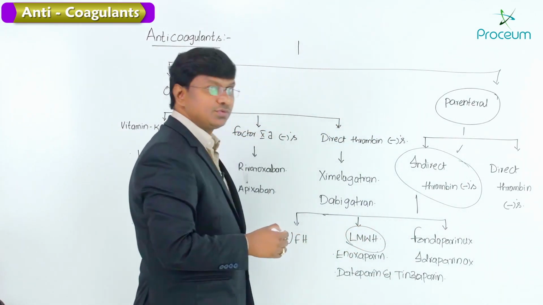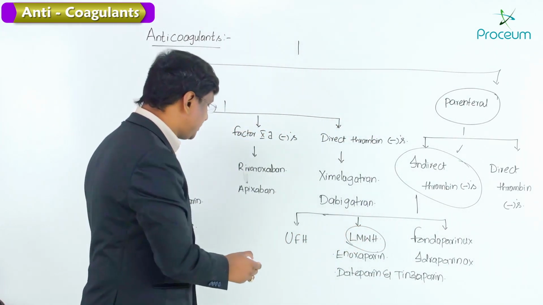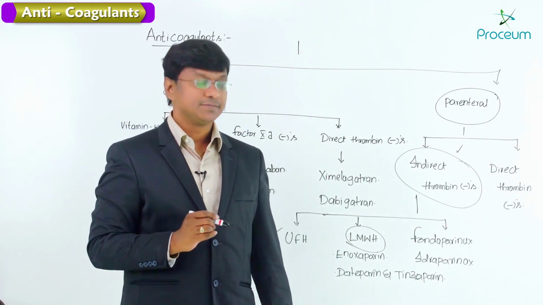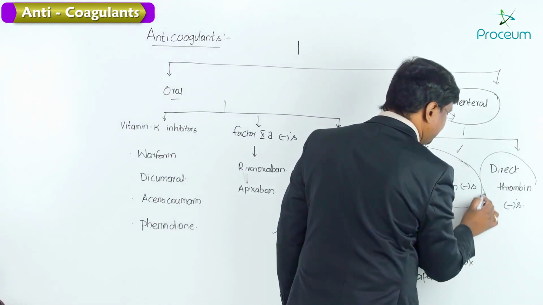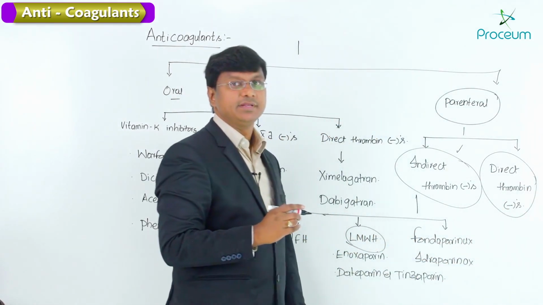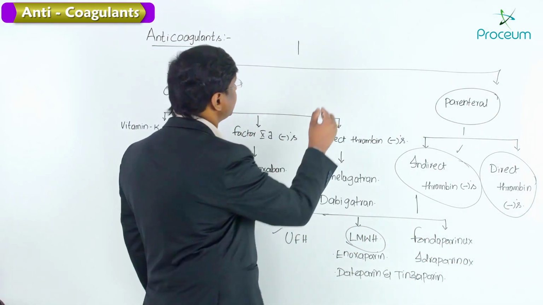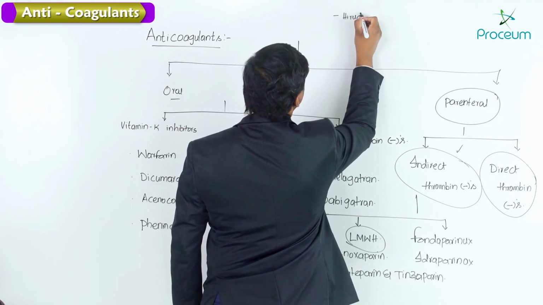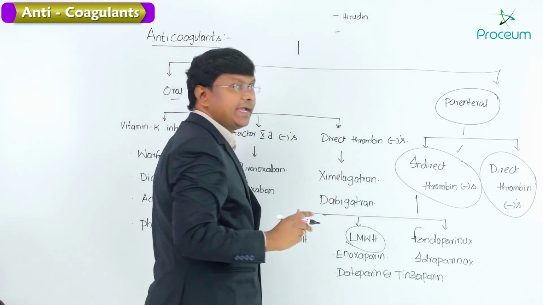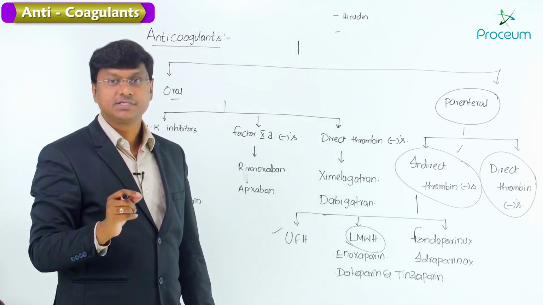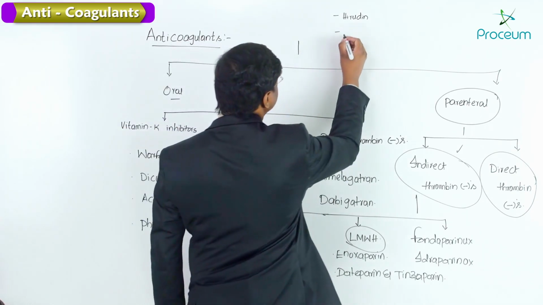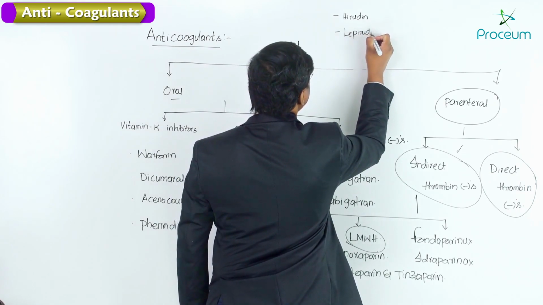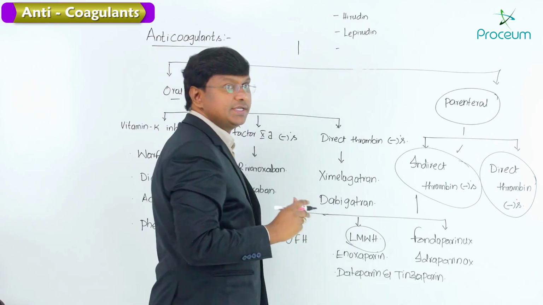They can be given through the subcutaneous route, or unfractionated heparin can be given through the intravenous route as well. Now, what are the examples of direct thrombin inhibitors? We have hirudin, and the second important drug is lepirudin.